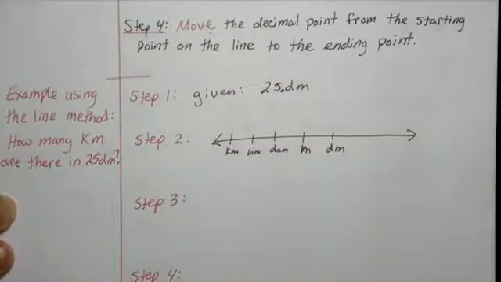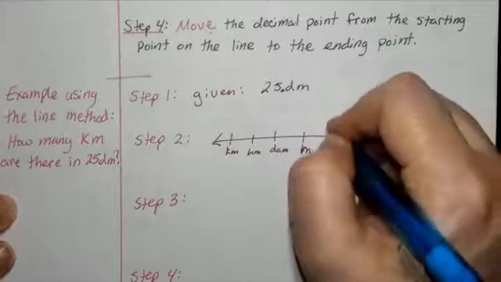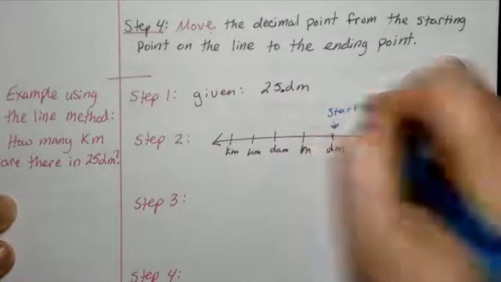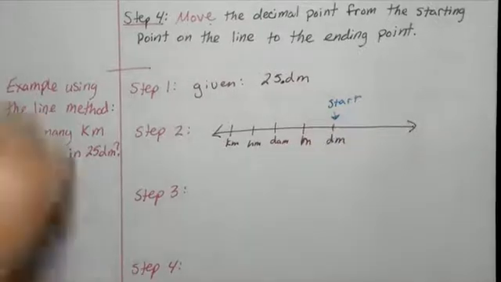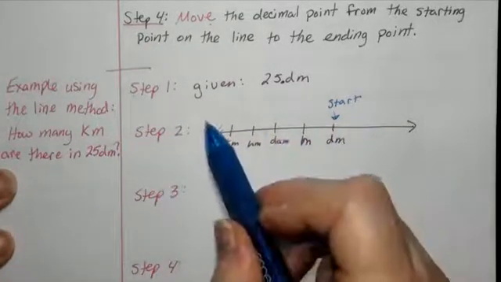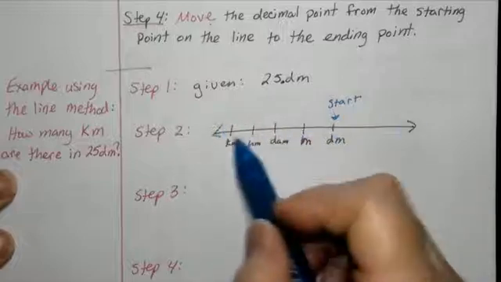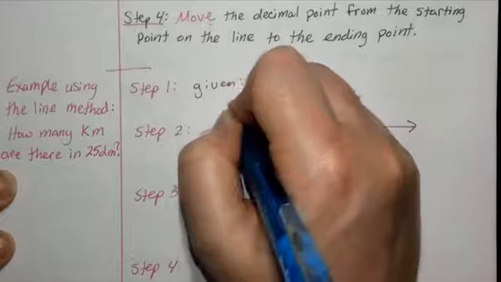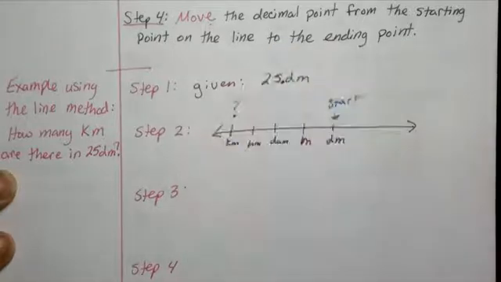I don't need everything because this is all I am dealing with. So I'm starting out here. And then step 3 is to figure out how to get there. So I need to figure out on step 2 where I'm going. So I'm trying to go to there.